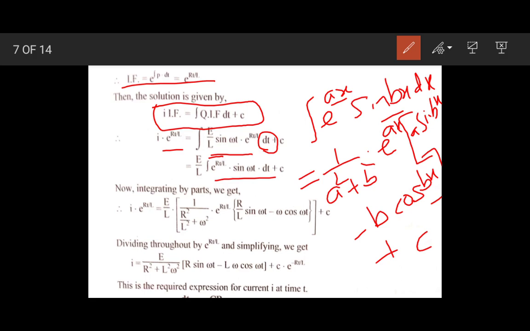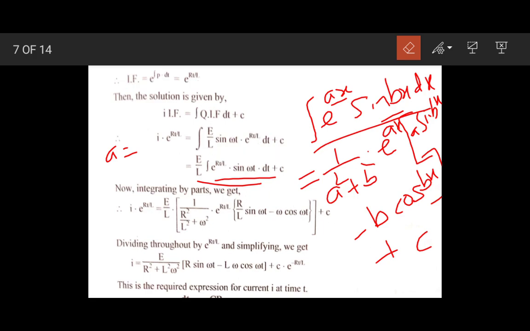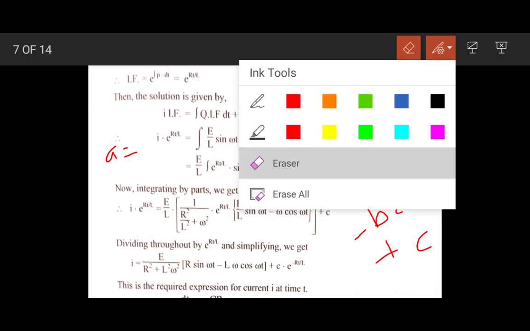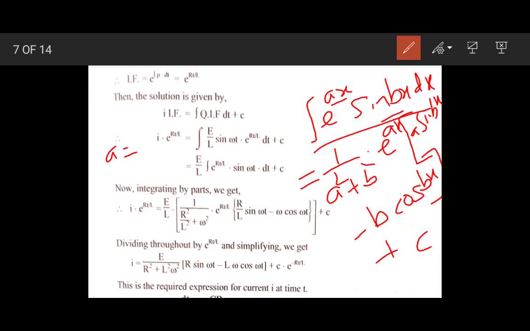So when we compare this formula with this, we get a as R upon L and b as omega.